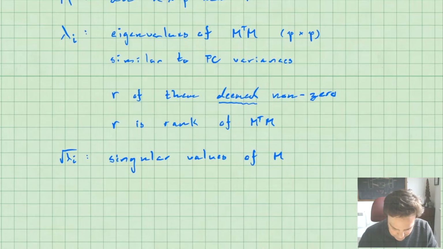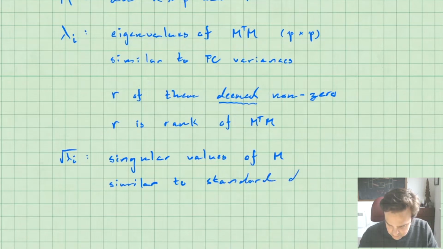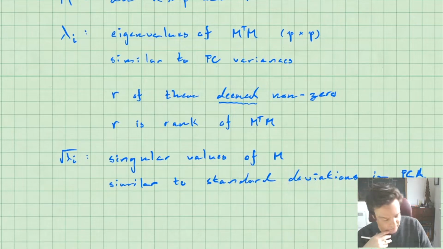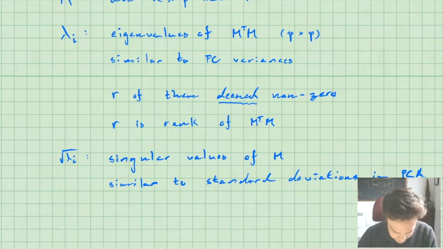And you should think of these as similar to standard deviations in principal component analysis, or rather, similar to the standard deviations of the data along the principal component axes.